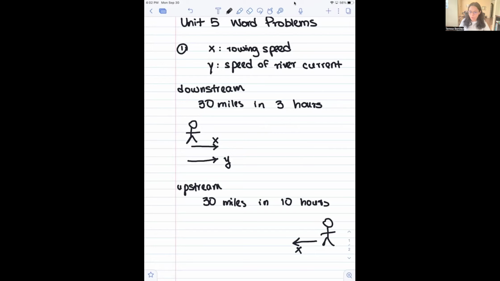Okay? For the upstream case, let me see. This is what we did. Upstream case, then the current is still in this direction. Okay?